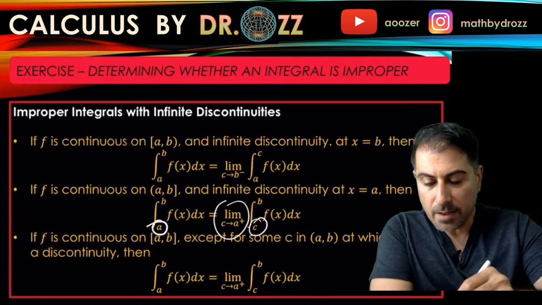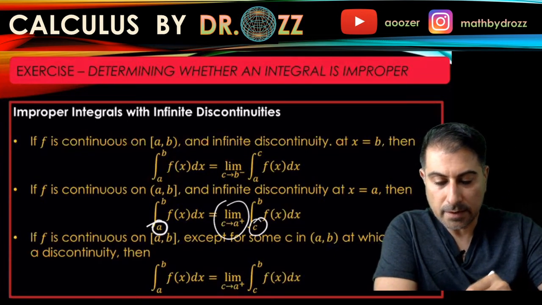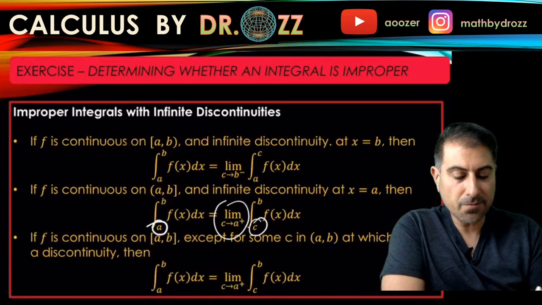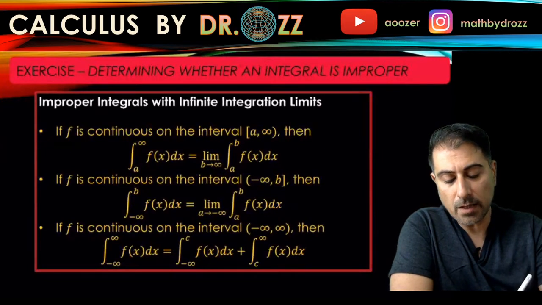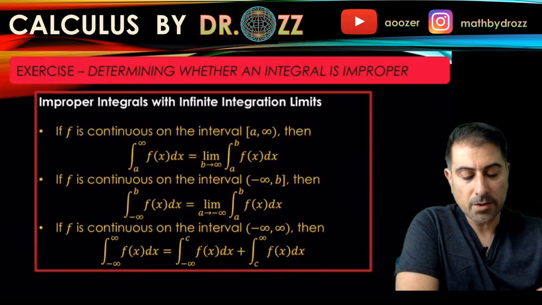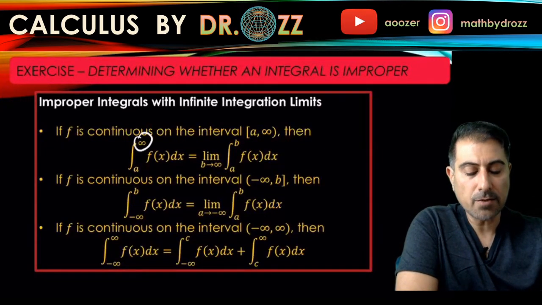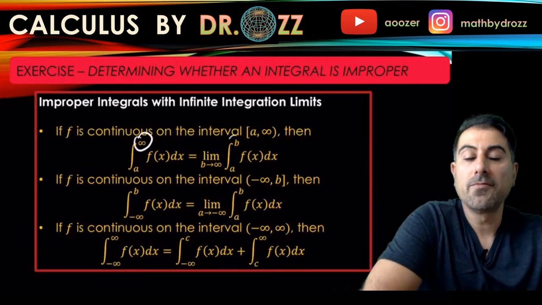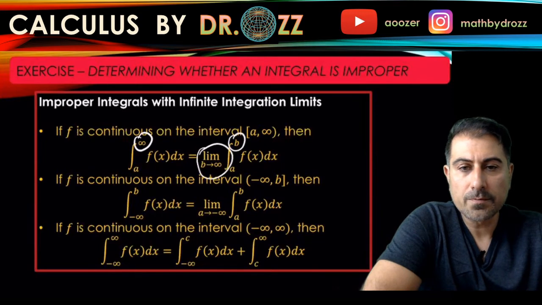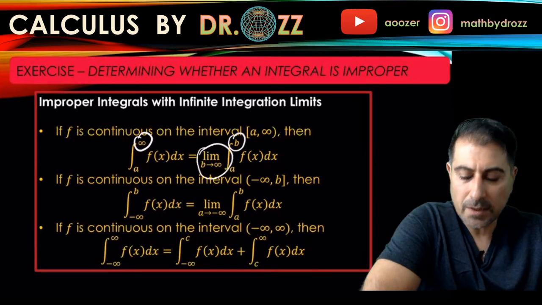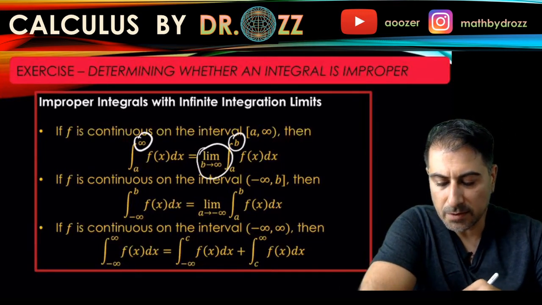And then we had another recipe: if you have one of the limits involving infinity, in this case our upper limit is infinity, you replace that by b, and then you pass the limit as b approaches infinity.